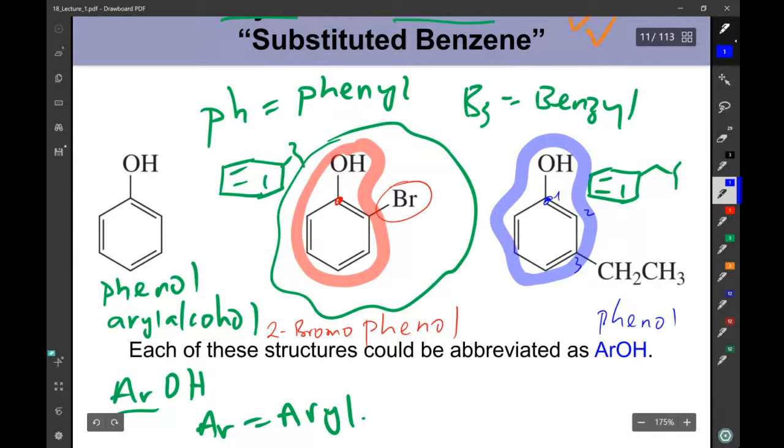Remember, you always choose the direction that will give you the smallest number. And so for carbon number 1, 2, and 3, this will be called 3-ethylphenol. That will be the name of the molecule. Does that make sense, guys?